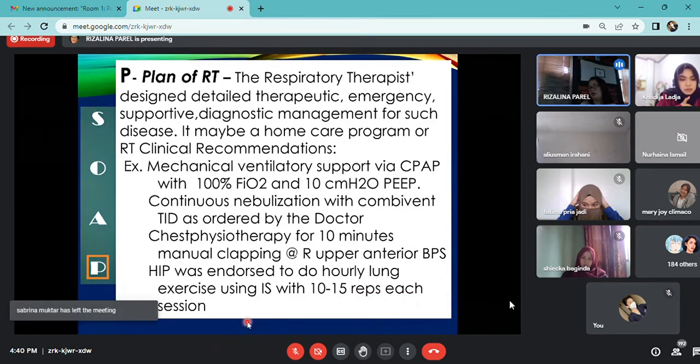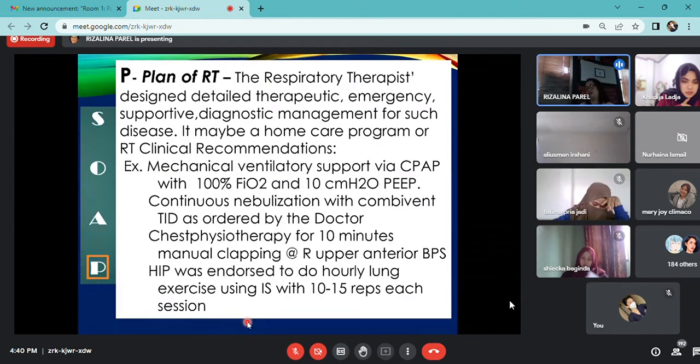So nung pinauwi na yung pasyente mo, dahil post-operative siya, then nag-home instruction program ka, sabi mo dun sa nanay niya, sa relative ng pasyente, na kahit nasa bahay, pwede niyo pong magamit pa itong IS.